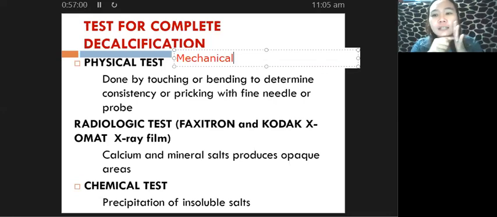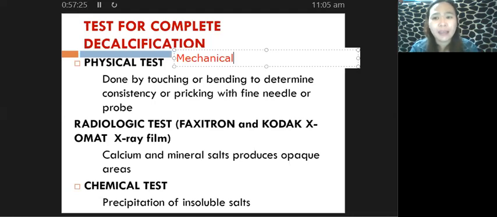We touch your tissue sample. We bend your tissue sample in order to determine the consistency of your tissue sample. We can also prick your tissue sample using a fine needle or a probe.